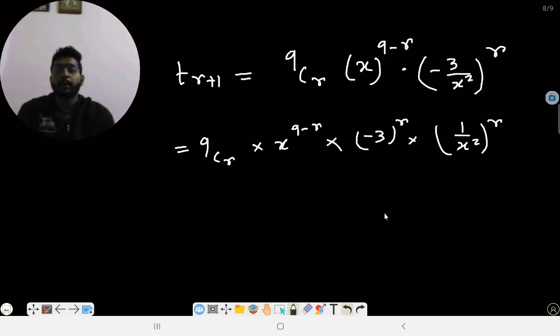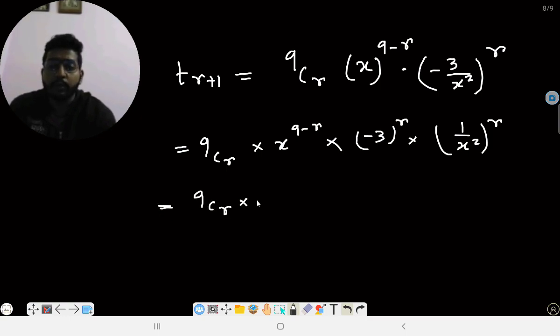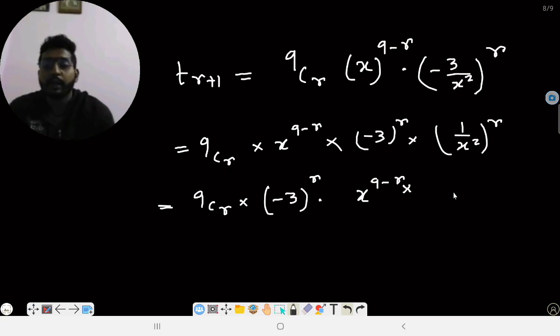So you have to separate x and the constant. So again it will be 9Cr into (minus 3) whole to the power r, x to the power 9 minus r into, now 1 by x square means x to the power minus 2, so that will become x to the power minus 2r. Done.